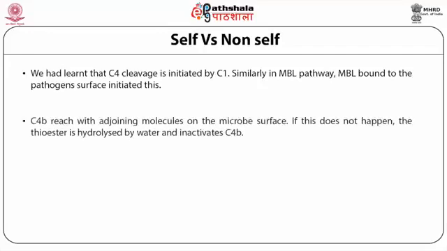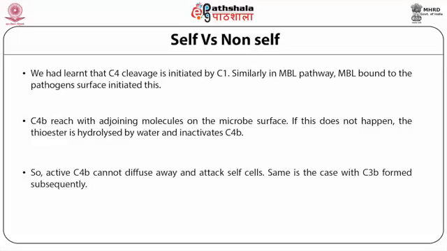C4b reacts with adjoining molecules on the microbe surface. If this does not happen, the thioester is hydrolyzed by water and inactivates C4b. So active C4b cannot diffuse away and attack cells. Same is the case with C3b formed subsequently.